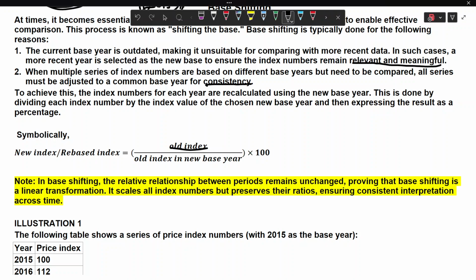It is relevant for us to note that in base shifting, the relative relationship between periods remains unchanged, proving that base shifting is a linear transformation. It scales all index numbers but preserves their ratio, ensuring consistent interpretation across time.